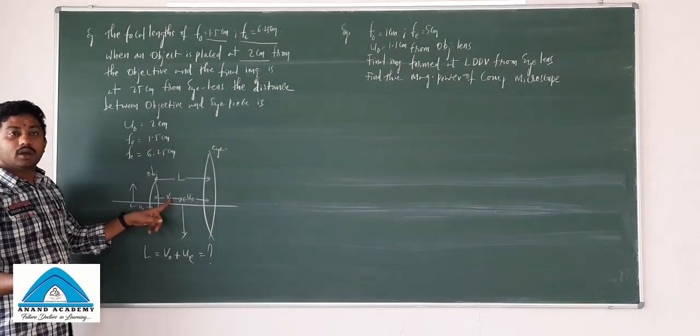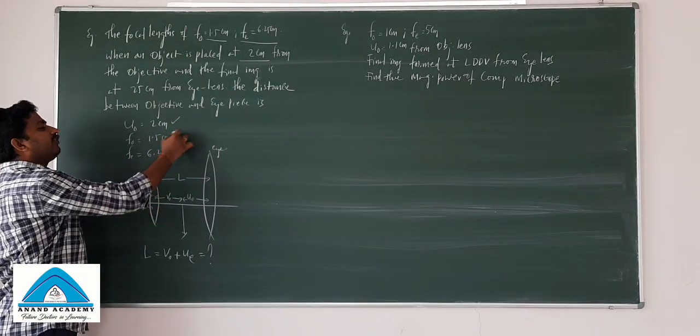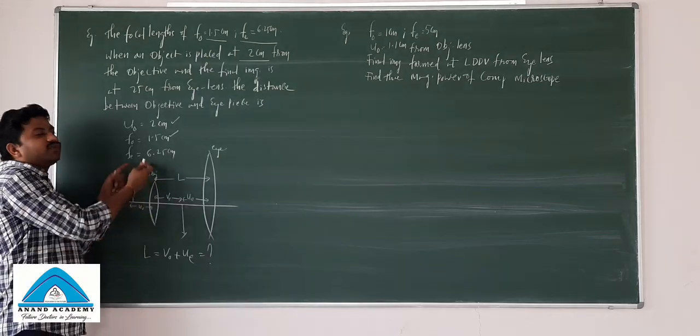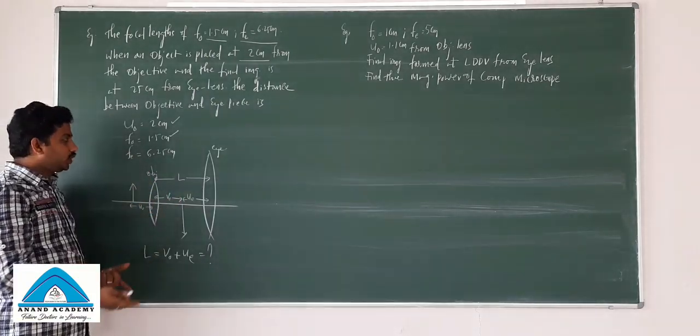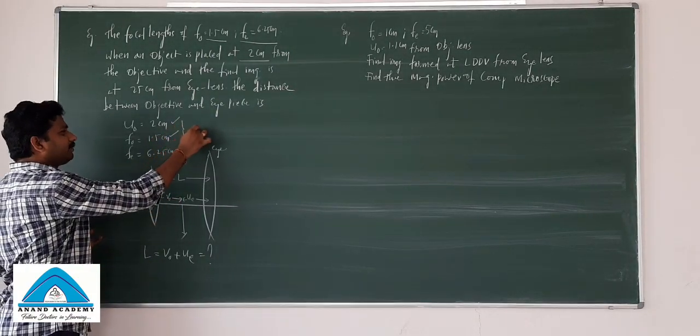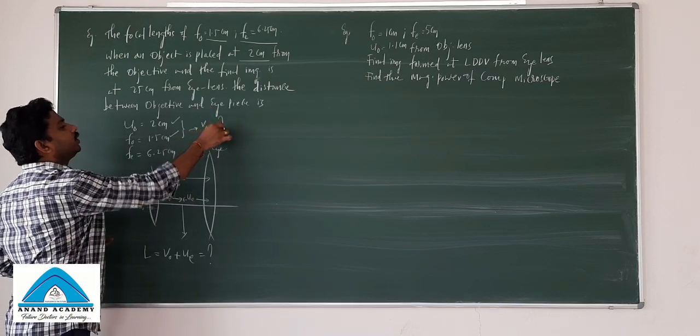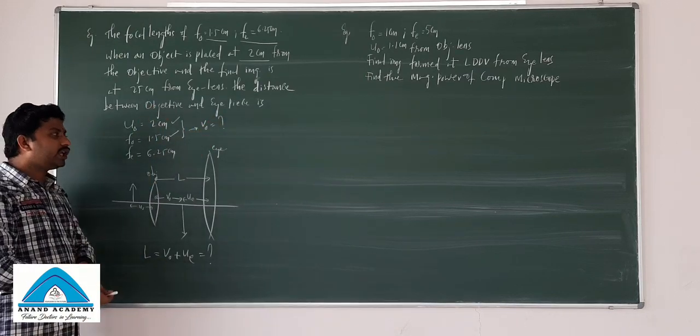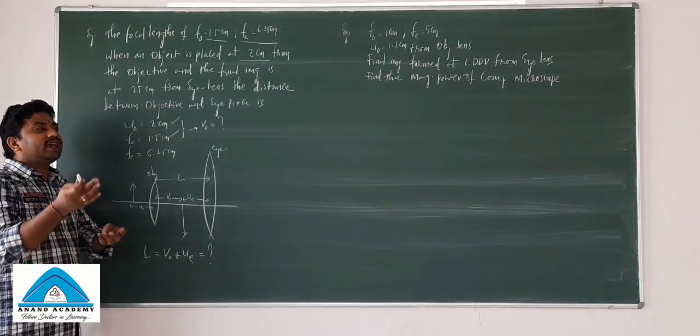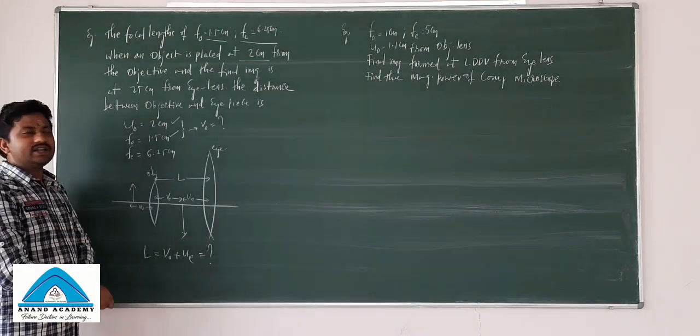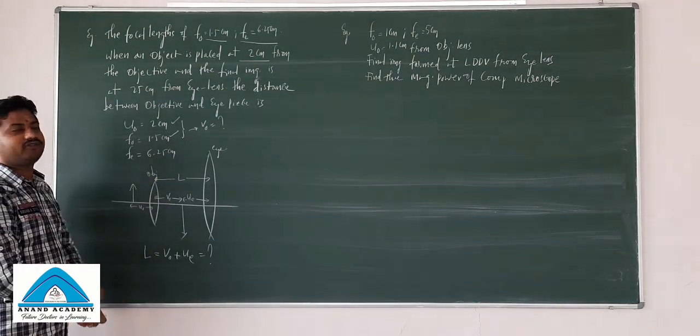It's not given, but you have U0 and F0. If you apply the lens formula for the objective lens, you will get V0. And what is UE? UE is an interesting part. First let us find your V0.